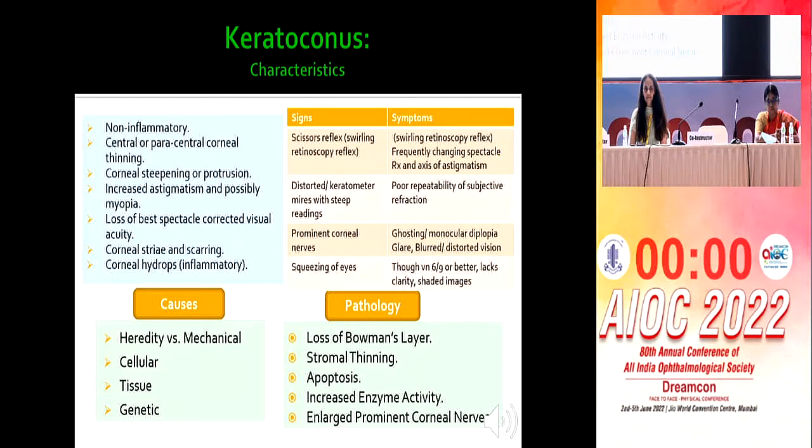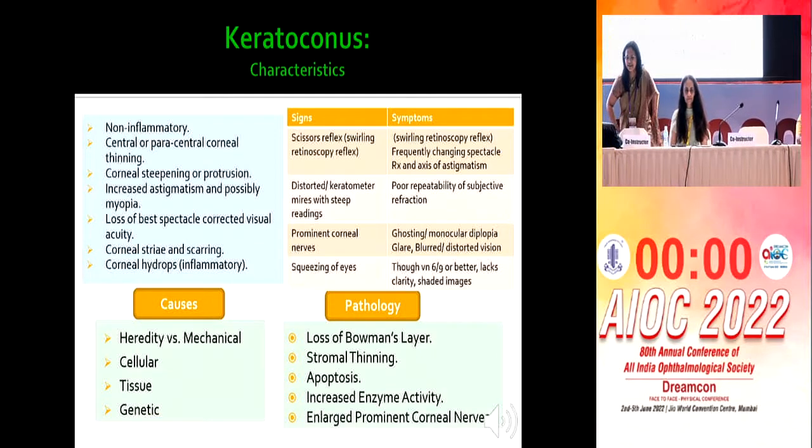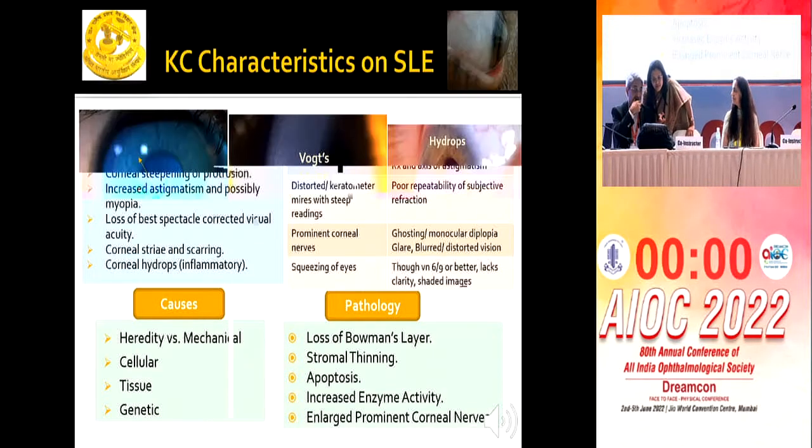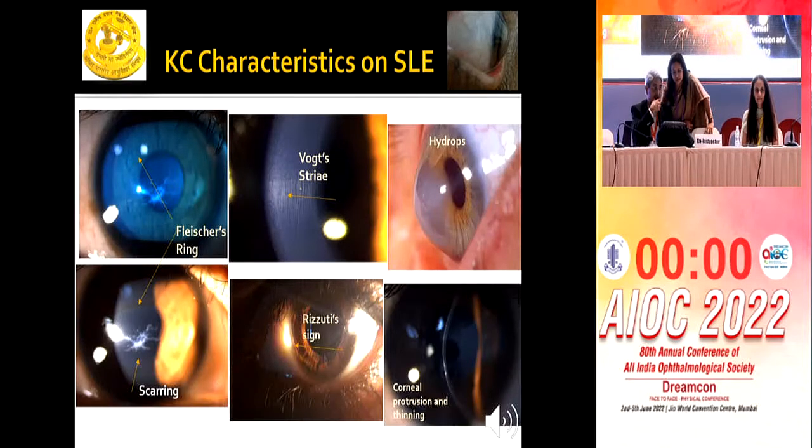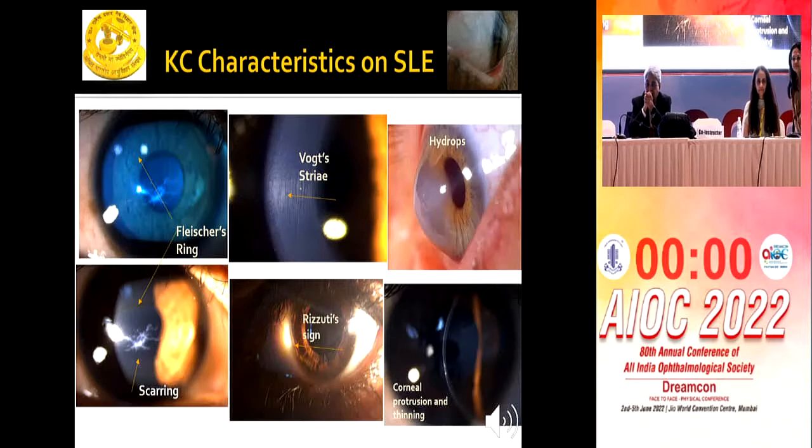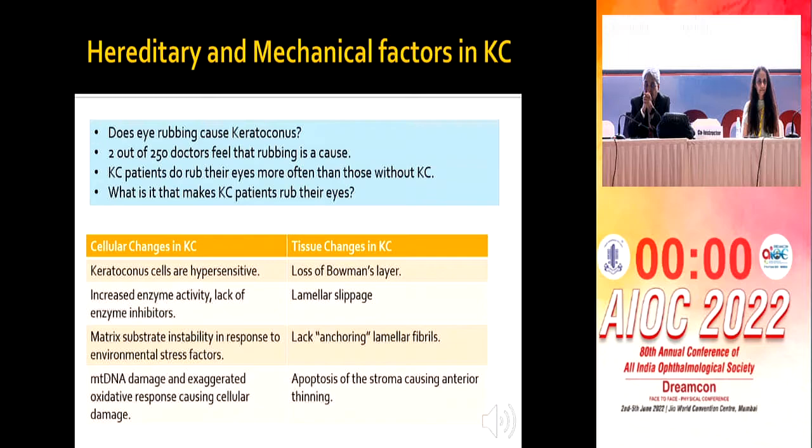Apart from the signs and symptoms, it's important to be aware of the known information regarding the etiopathogenesis, the various causes, and the pathology. This slide summarizes the main clinical features seen on slit lamp, illustrated by images taken from our clinic. Apart from hereditary features, there are known mechanical risk factors in keratoconus, particularly eye rubbing, which may be due to various causes.